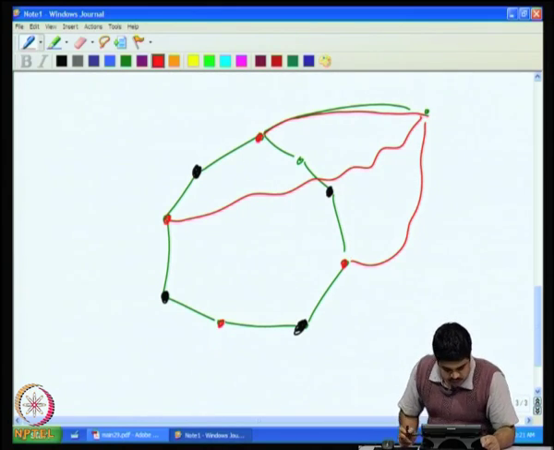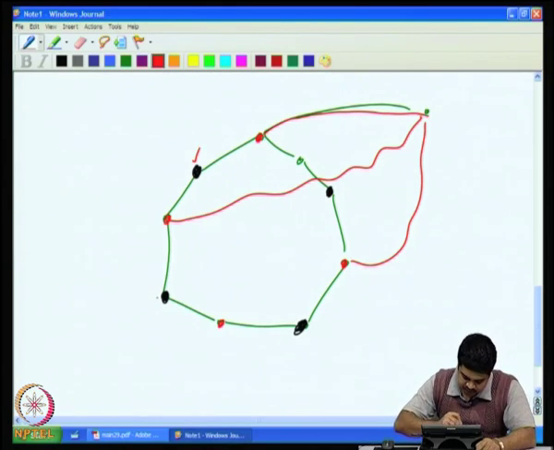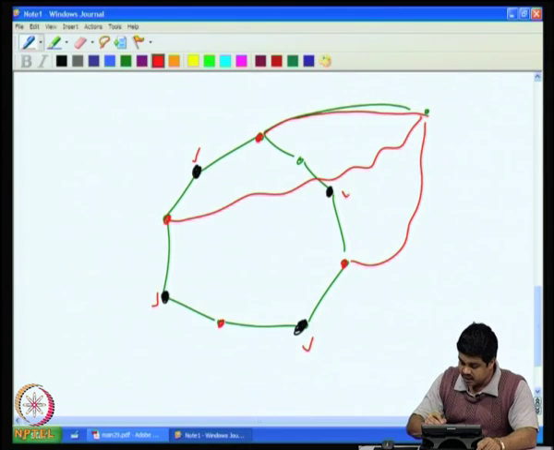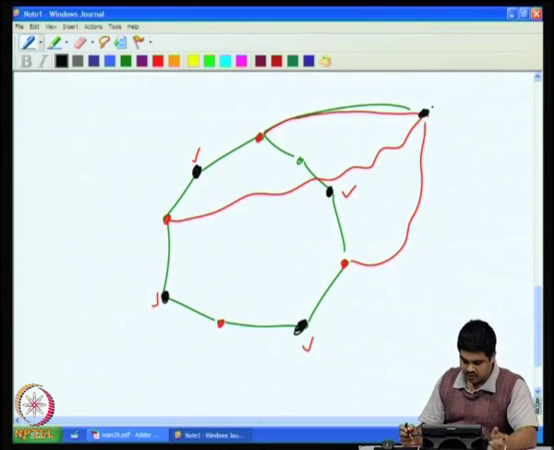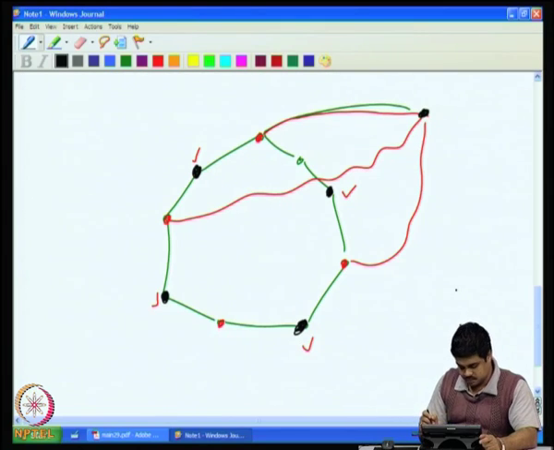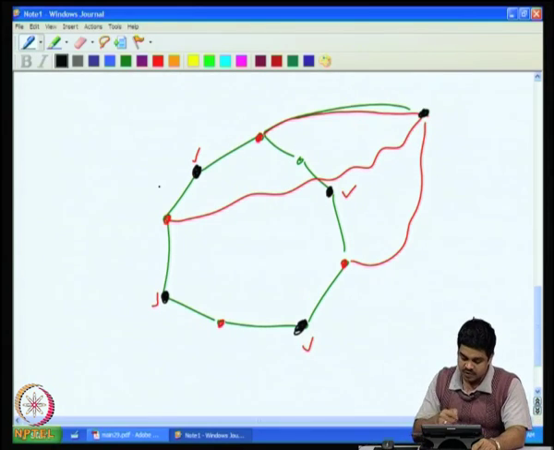Now, we pointed out that these black vertices are non-adjacent to this vertex, because if there is a direct edge to it, then we can in fact get a longer cycle than this cycle, and our assumption is that this was the longest cycle.